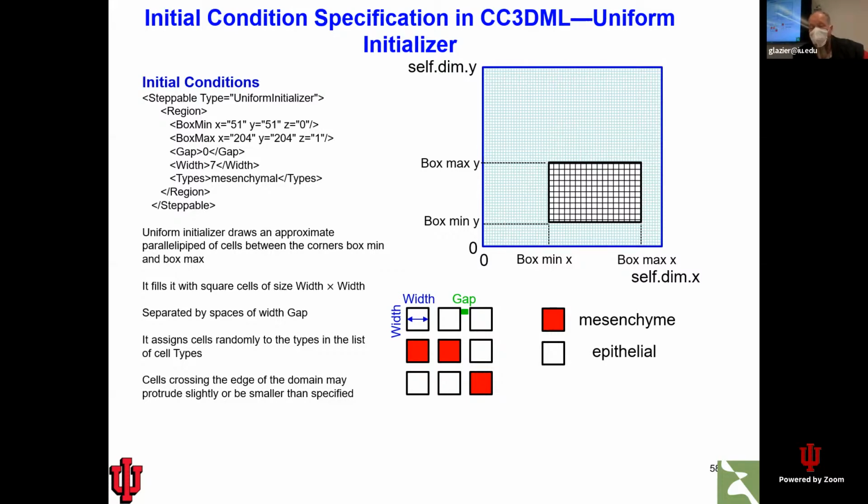If my box isn't divisible by the size of the cells, then either the cells will be truncated or they'll actually overrun the box size a little bit. It's not a very bright algorithm. It would be nice to have an algorithm that filled in random, spatially relaxed cell shapes instead of squares.